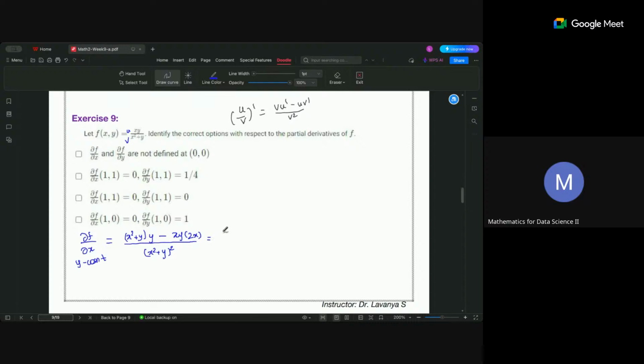So you have x squared plus y squared minus 2x squared y, the whole divided by (x squared plus y) the whole square. Ma'am, it should be x squared y plus y squared.